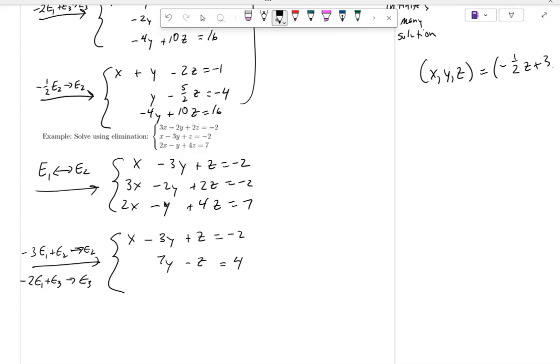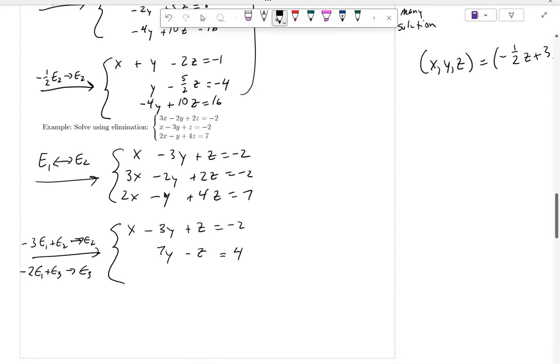Negative 2 times negative 3 is positive 6, minus y gives us positive 5y. Negative 2 times the z added down gives us what?